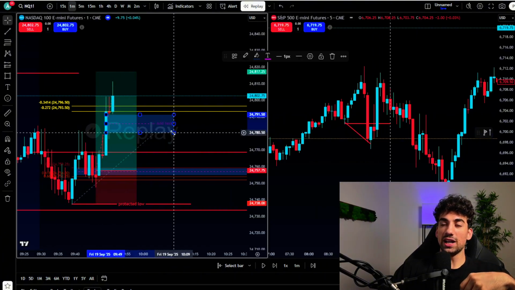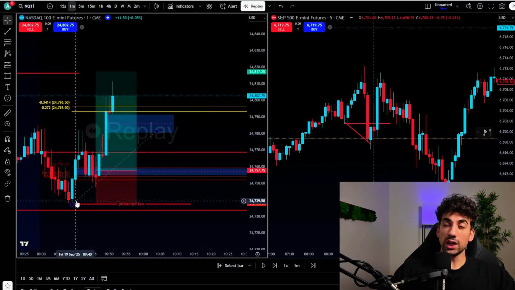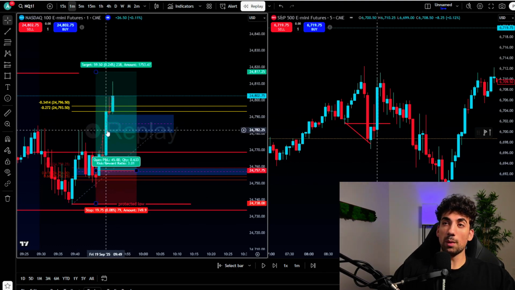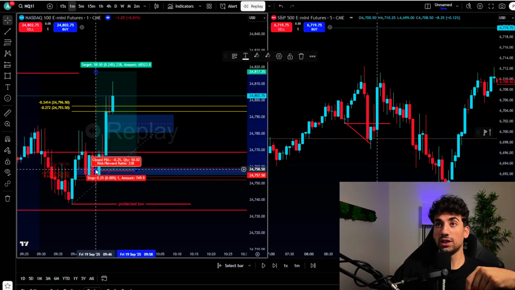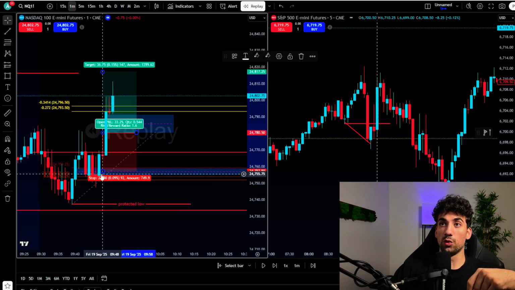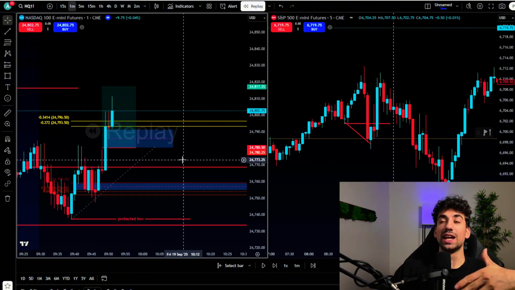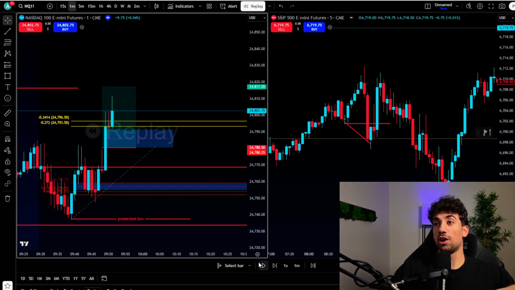So I understand if price is going to stay bullish, we respect this 1 minute bullish gap. We create a protected low, which means if we come down to retrace here, this 1 minute bullish gap should stay respected. So my stop loss from all the way down here gets trailed up all the way here. And this is how I'm managing my trades as I'm trading, waiting for my full take profit to be hit.